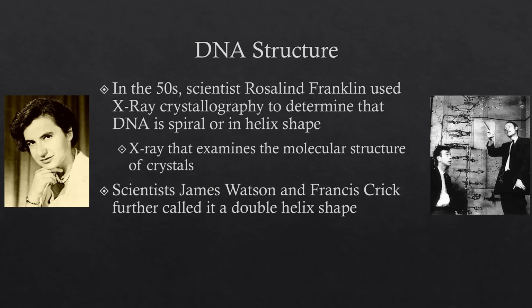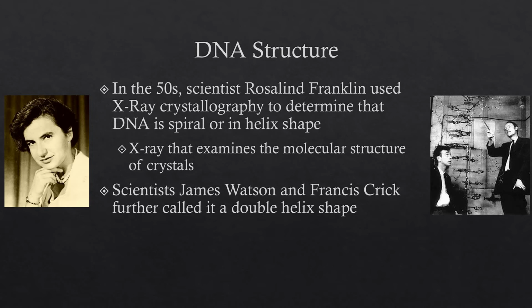Now, if we take a look at a little bit of history here, in the 50s, Rosalind Franklin, a scientist, actually used X-ray crystallography, which is a type of X-ray that takes a look at molecular structure. And what happens is she found out that the DNA has a spiral or helix shape. And further on, other scientists like Watson and Crick called it a double helix.